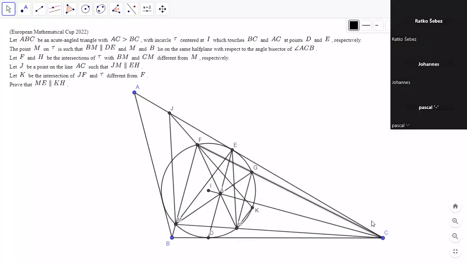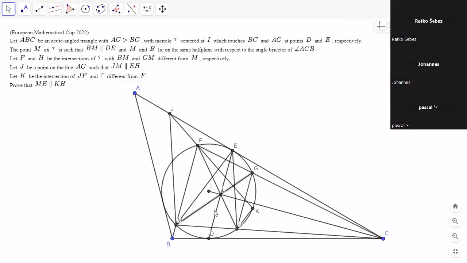That makes sense, yeah. I think that works as well. So then we know that these all concur. And once we know these concur, and we also know that this is parallel, that all just is true by the symmetry, because CD and CE are tangent, and BE is parallel to MF.